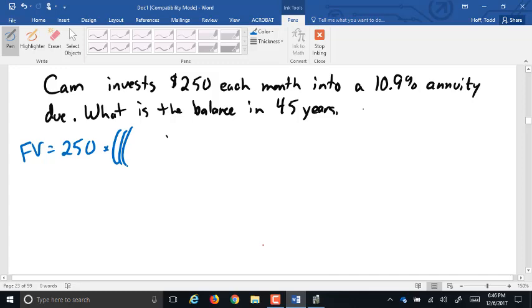Okay, so we had our future value is equal to $250 times 3 open parentheses, 1 plus 0.109 divided by 12 to the power of 12 times 45 is 540.